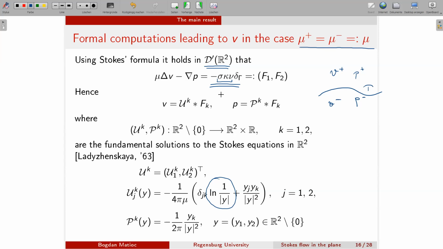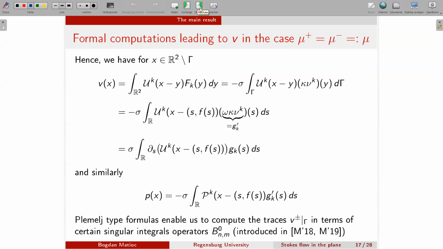So because we know what this distribution is, and we know the fundamental solution, then V is simply the convolution of the fundamental solution with the distribution F, and the same for P. And the formula for V is this one, so we integrate over R2 U_k(x minus y) F_k, but remember F_k is supported on gamma, so in fact we have only the integral on gamma of sigma_k nu_k.